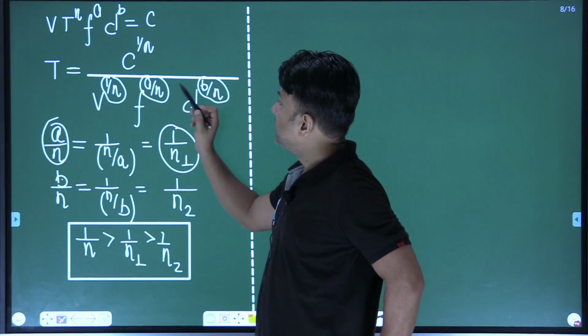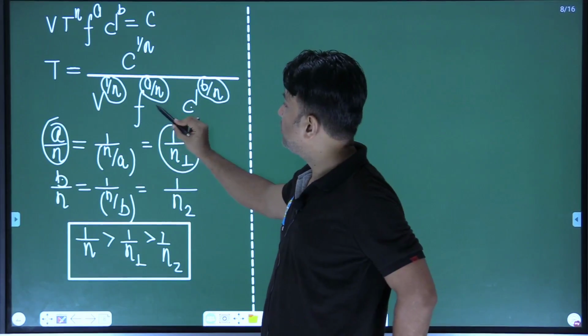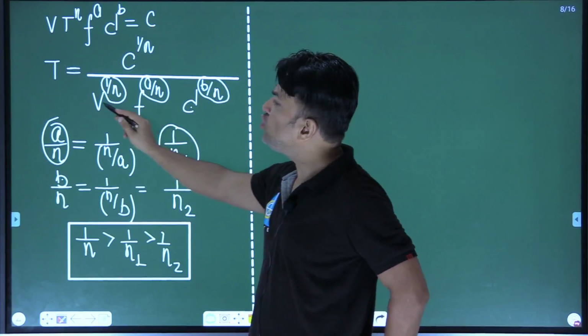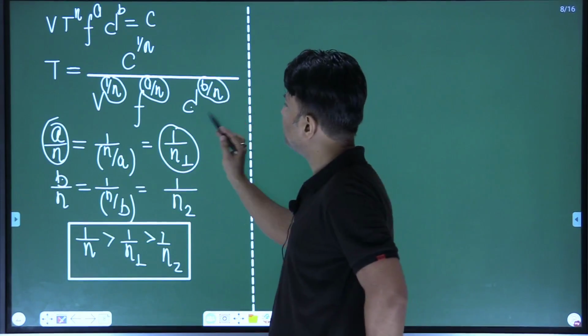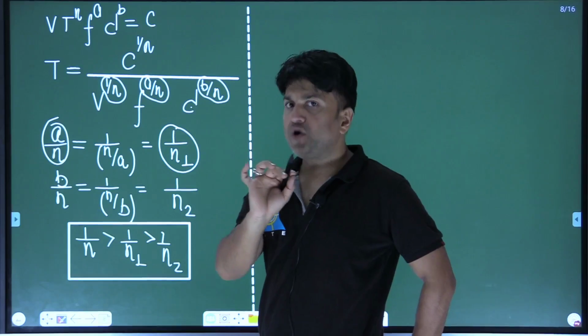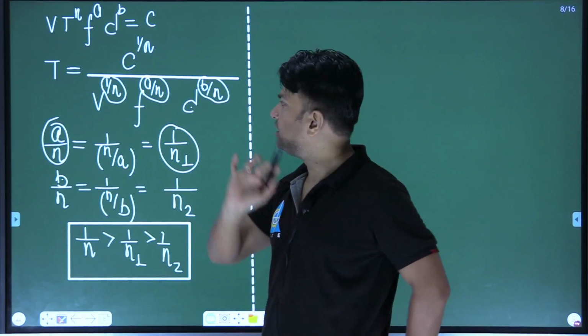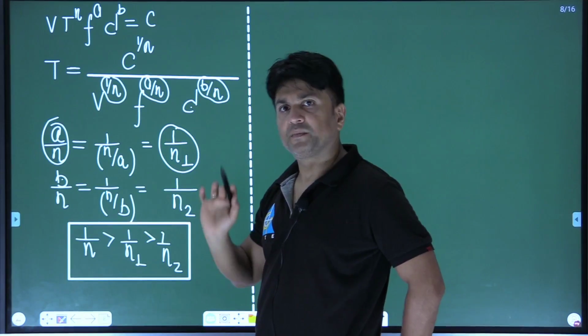Now, if you change the feed by the same amount, let's say, keeping velocity and depth of cut constant, you are only changing feed by the same amount.